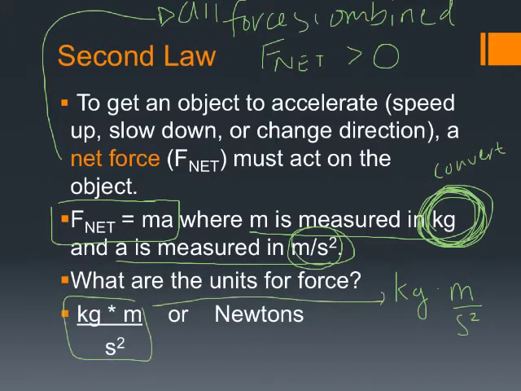These are the exact same thing. You can write it either way. Or, a really short, easy way to write it is newtons, which is a capital N. But say I give you the force and you have to find the acceleration, you have to remember that the meters per second squared is in there. Which is how you get those units back out when you divide by mass.